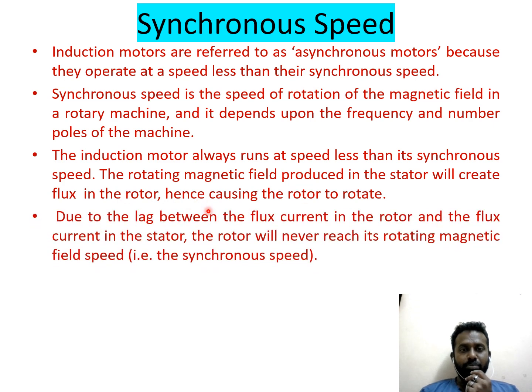Due to the lag between flux in the rotor and flux in the stator, the rotor will never reach its rotating field speed, that is synchronous speed. Although the stator flux is at synchronous speed, the rotor will not run at synchronous speed because there is a lag between the flux of stator and rotor.